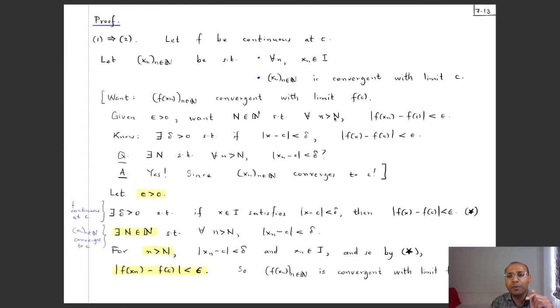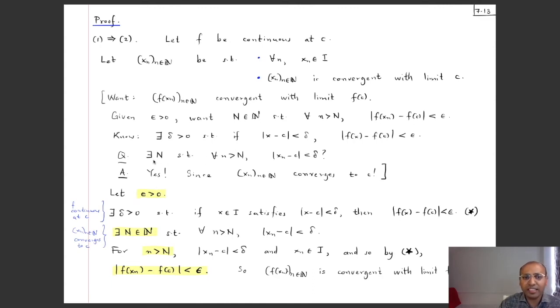Now, wouldn't it be great if my xn satisfies that beyond a certain index xn minus c is less than delta, because then this would be satisfied, and then automatically you would get for that xn mod of f of xn minus f of c is less than epsilon. So then we would be done because we will have this.